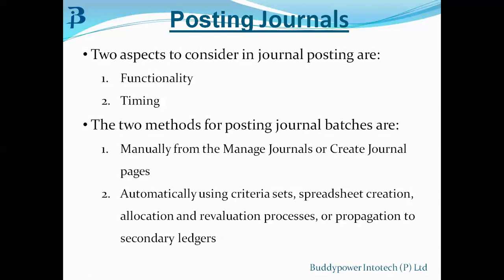Automatic posting is very important when you're importing journals because it prevents editing of the journal import data. You can schedule the auto post program after the journal import process for increased efficiency. So whenever you import, it's best to opt for auto posting of journals. Okay, so those are the two methods of posting journal batches.